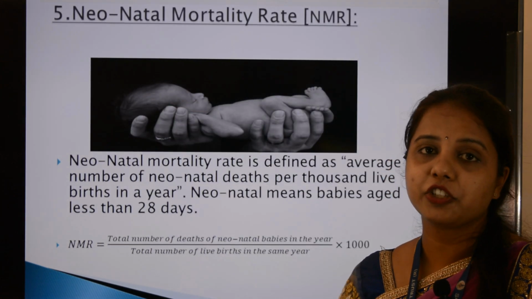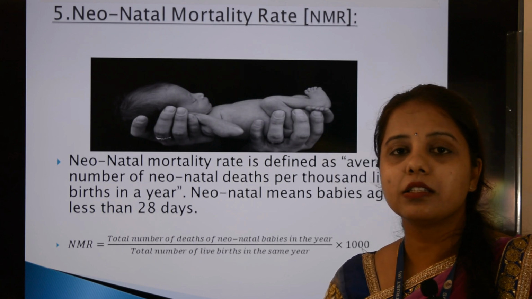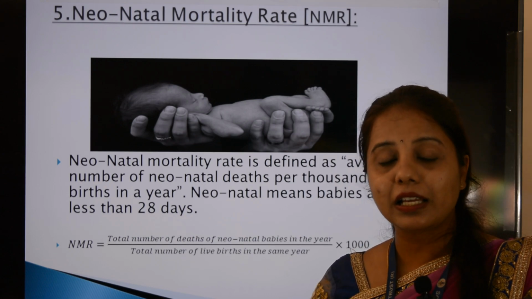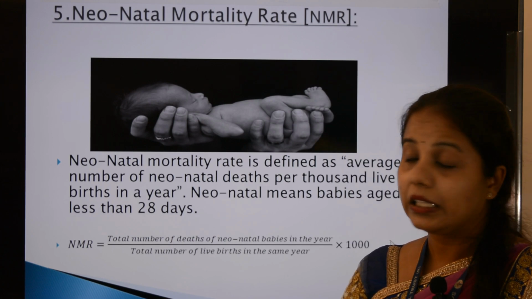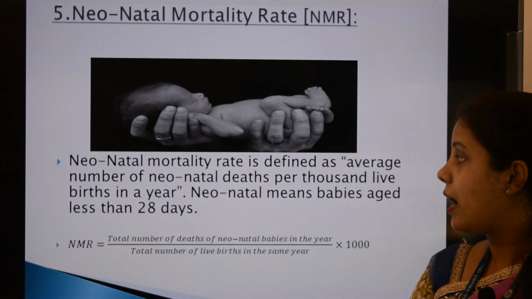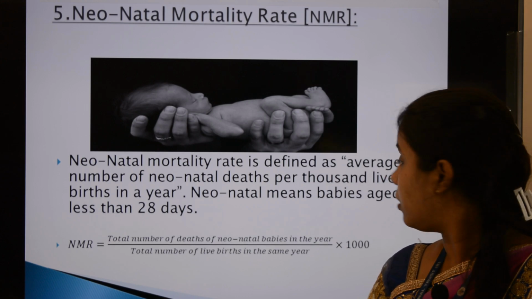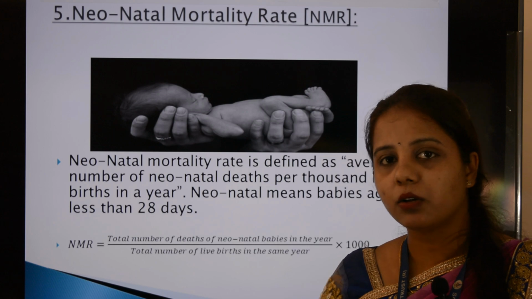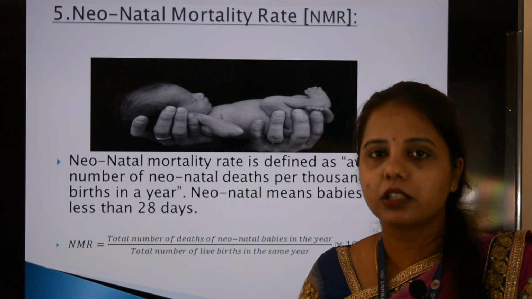The next measure is neonatal mortality rate. What is neonatal stage? Neonatal stage means a baby who is aged less than 28 days, we will call it a neonatal baby. Then neonatal mortality rate is defined as average number of neonatal deaths per 1000 live births in a year. That means for every 1000 live births, how many babies are going to die in a neonatal stage?